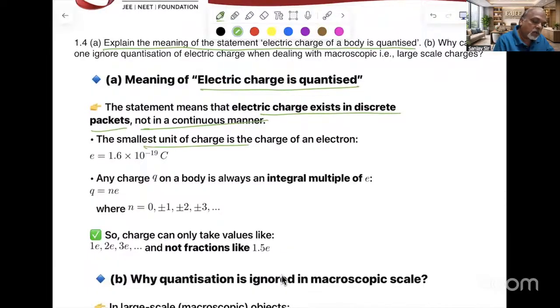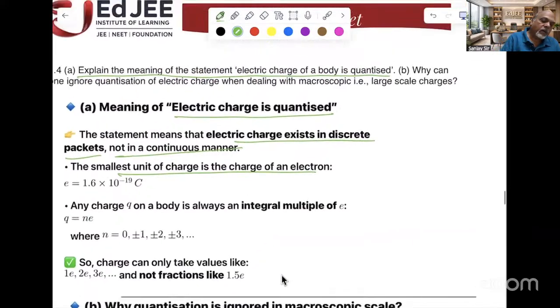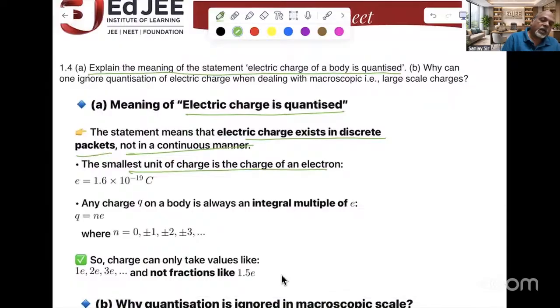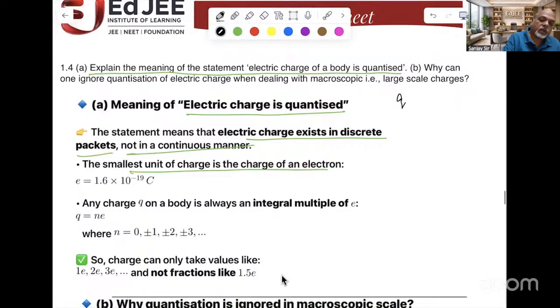The smallest unit is that of an electron. Basically, electric charge of a body is quantized means Q must be a multiple of the fundamental charge, that is the charge of an electron.